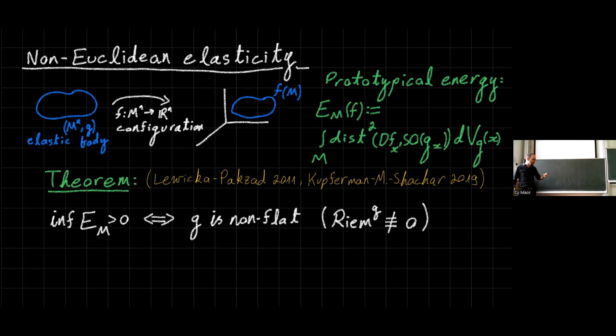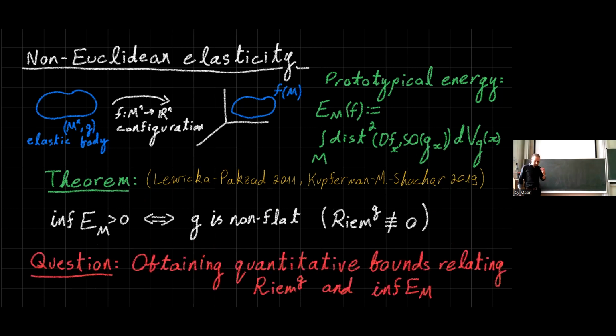Okay. But this is what's written in red here: finding quantitative lower bounds. And this is, in general, a very difficult problem that we don't have good answers to, surprisingly. But we do have some asymptotics, for example, asymptotics for low energy.